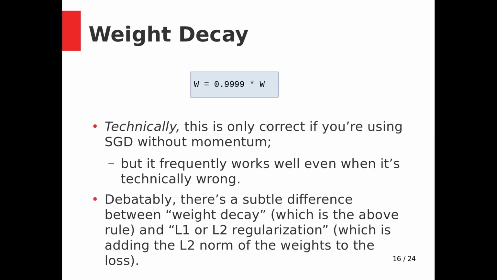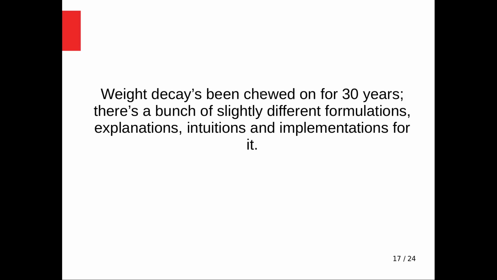But other people don't maintain that distinction. It's kind of a thing where the language gets blurred, right? In fact, weight decay has been chewed on for more than 30 years. There are a bunch of slightly different formulations for it, explanations for it, intuitions about it, and implementations of it, right? So this is one of those times where a bunch of people might use the same word to mean very slightly different things and not bother to be clear about that, right?